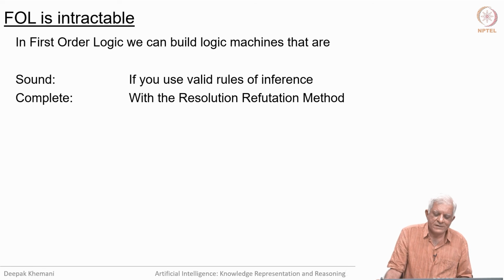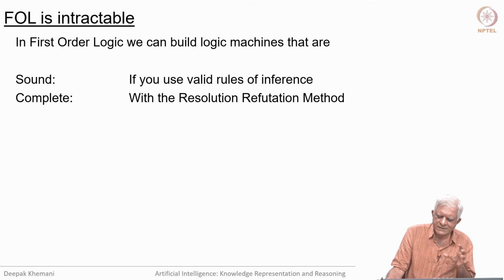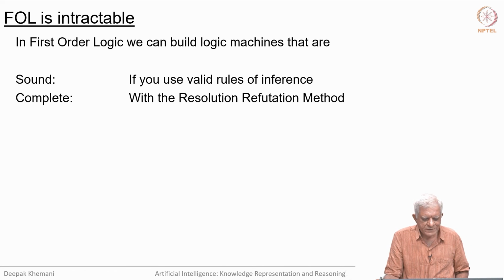They are complete, and we have not proved that the resolution refutation method is complete, but we have accepted the proof that it is complete essentially, the proof given by Robinson in 1965.